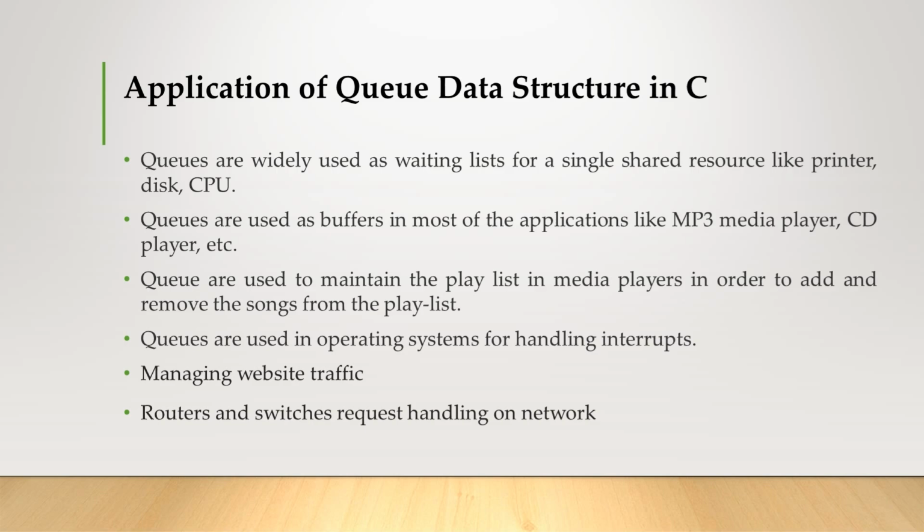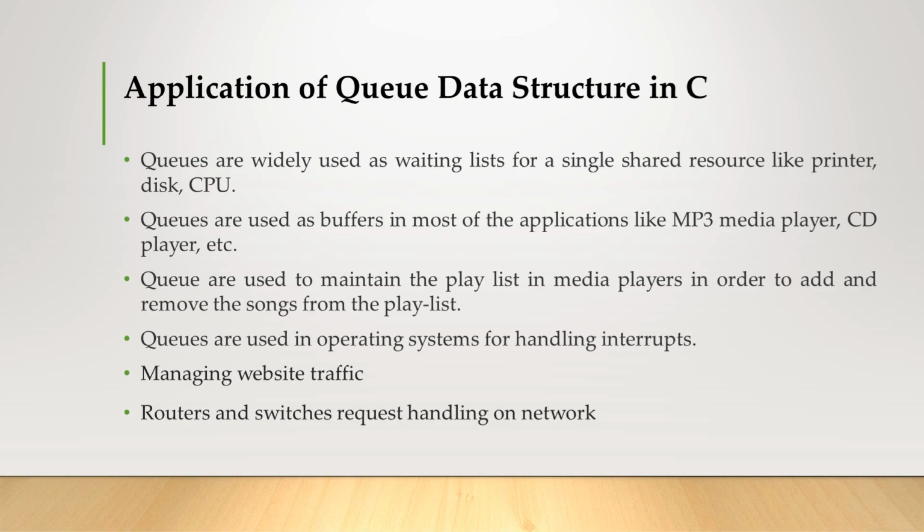Queues are also used as a buffer in applications like MP3 players and CD players, and to maintain the playlist in a media player in order to add and remove songs. They are also used in our operating system for handling interrupts. If any interrupt occurs, it can be handled through this concept.